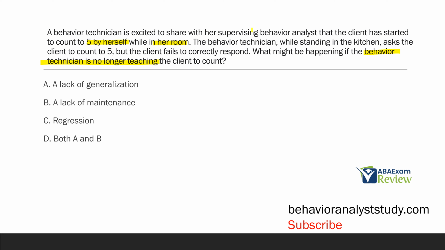Now, what about regression? Regression is not a behavior analytic term we're going to use, right? We're going to say a lack of generalization, a lack of maintenance. We're not going to say regression. So what might be happening here is really both A and B. There could be a lack of generalization from room to kitchen. There might be a lack of maintenance. Teaching stopped. The behavior is no longer happening.